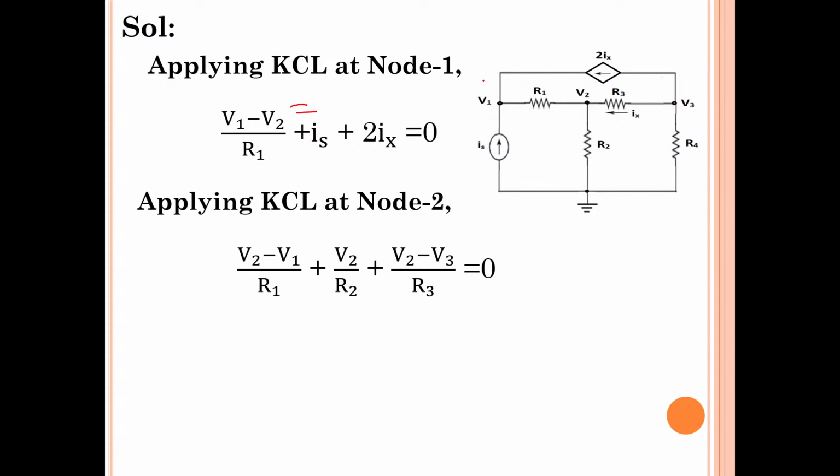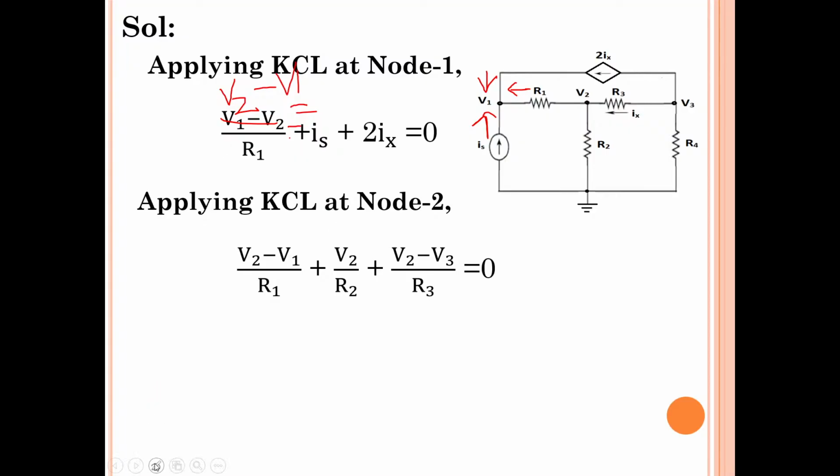It's better if I assume all currents are entering, so I can modify this to V2 minus V1 by R1.